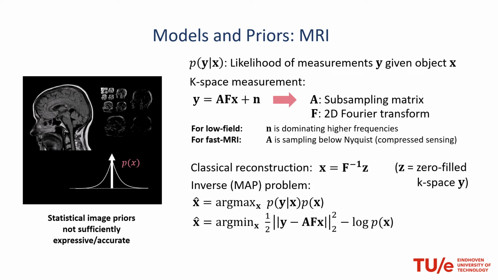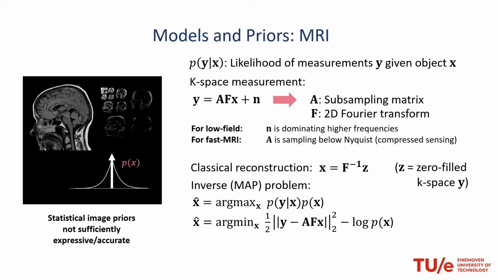So it's the measurement model we see on the top, where n follows a Gaussian distribution and is uncorrelated. In that particular setting, this maximization problem becomes the following minimization problem, where we have a least squares term, which is y minus A F x, and we have a prior term on the right-hand side. And this all boils down to choosing a proper prior in this sense, right?